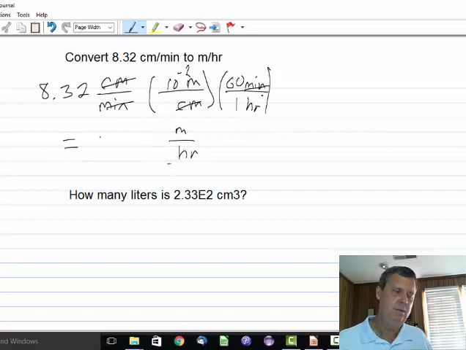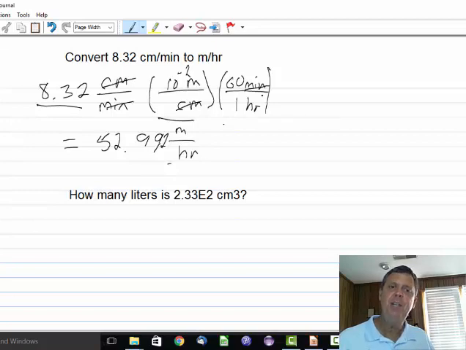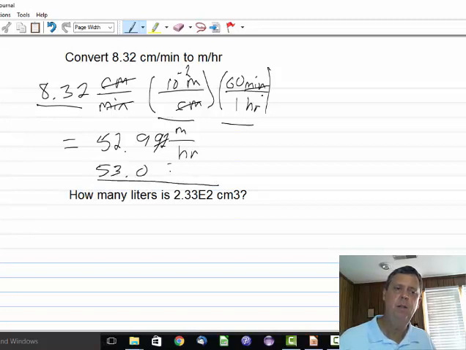That's what I get here. So my calculator tells me, but we've got 3 sig figs here, but these two conversion factors are exact, so I need to round to 3 sig figs, so I actually get 53.0 meters per hour for my final answer.